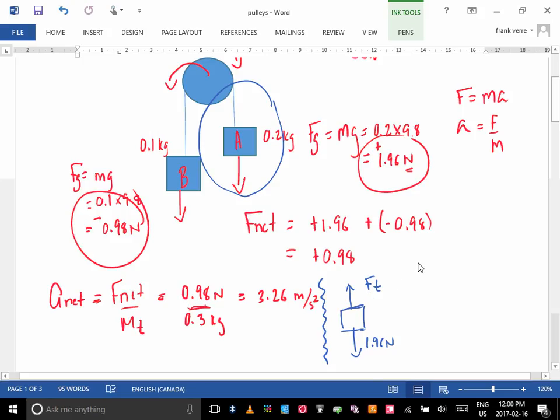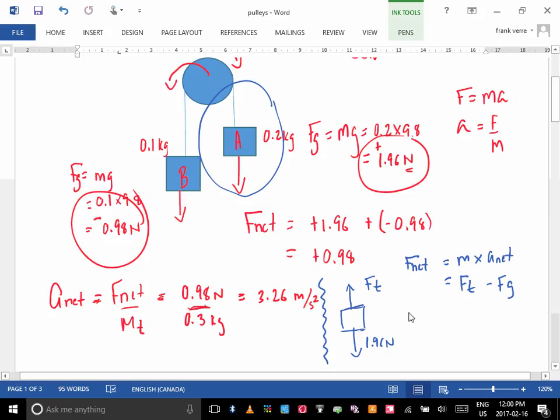And if you remember, F net is mass times net acceleration, but F net is also the sum of the forces. So if we make down negative, we can make up positive. So we can say tension minus the weight is also your net force. So now let's look at what you can do here.